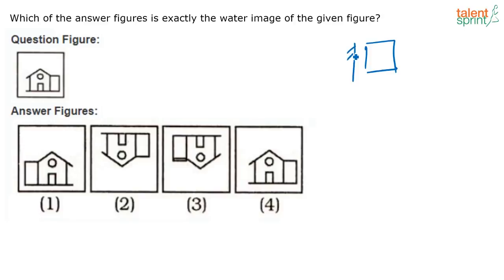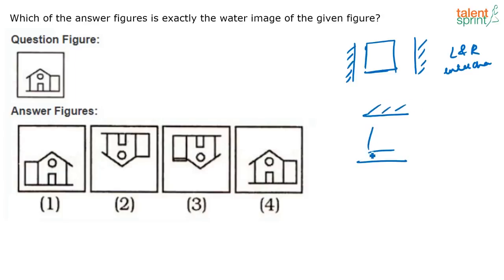For example, if the mirror is either placed on the left or right of an image, I am talking about mirror image here, then in the mirror image the left hand side and the right hand side of the image will get interchanged.